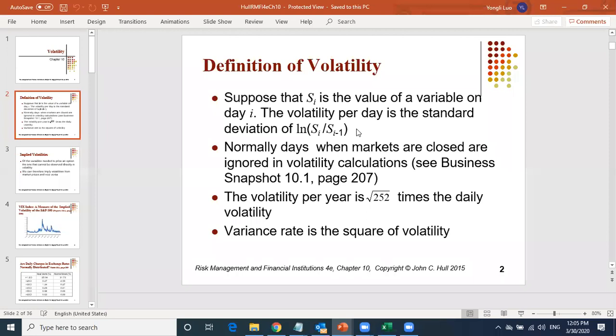If we square that, the volatility is called variance. So in another way, to calculate the volatility, typically we take the square root of variance. Or you see the variance is the square of volatility.